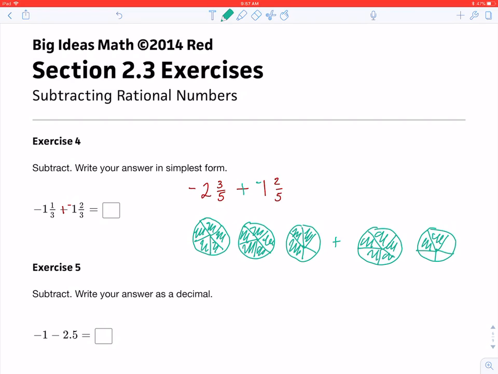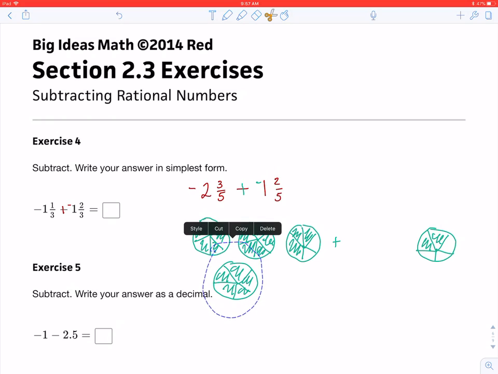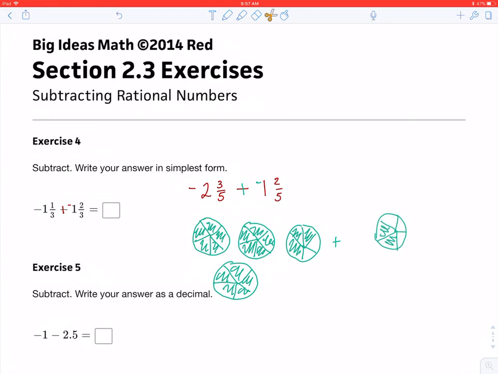Okay, so looking at this negative 2 3/5 plus negative 1 2/5, I can see that I've got this whole here that I'm just going to be adding to this. So my answer is going to be somewhere in the negative 3. And then I have 2/5 here, and I've got 3/5 that I need to fill up.